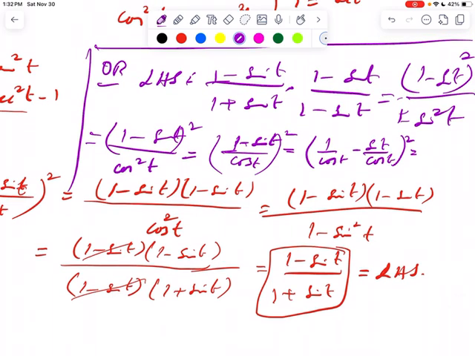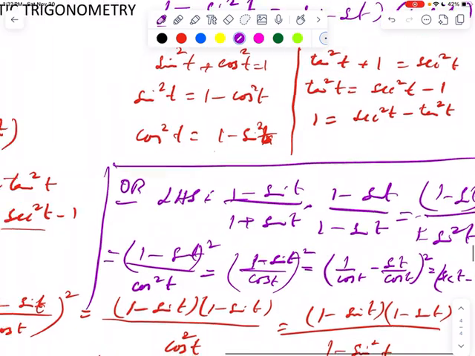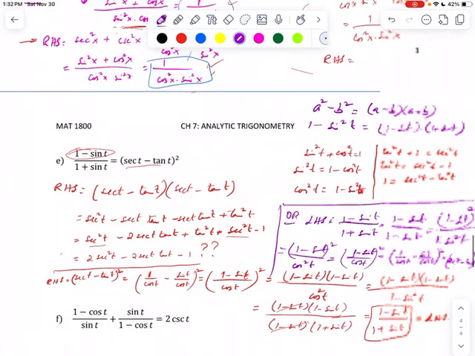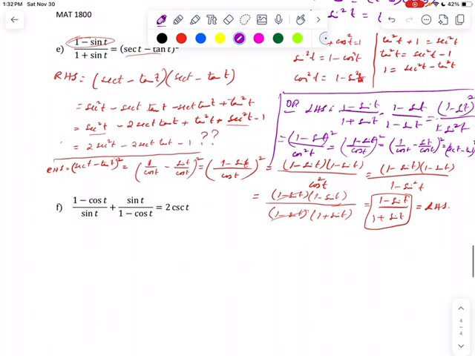So equal to secant of t minus tangent of t whole squared. And that is what we have on the right hand side. But this is something maybe not many students will get, but at least you should know the other way.